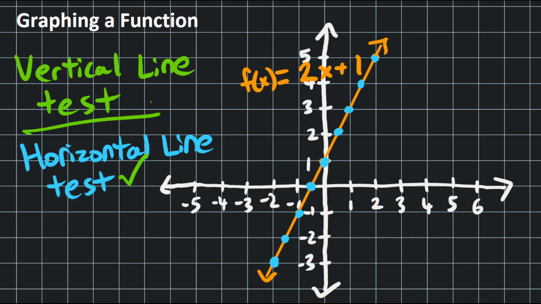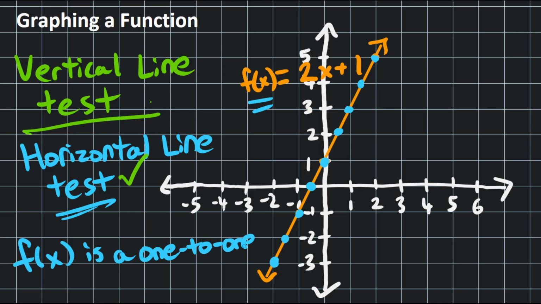So it passes the horizontal line test, and what that means is that f of x is not only a function, but it is a one-to-one function. Good. F of x is a one-to-one function, and that's how we prove it based on the graph.